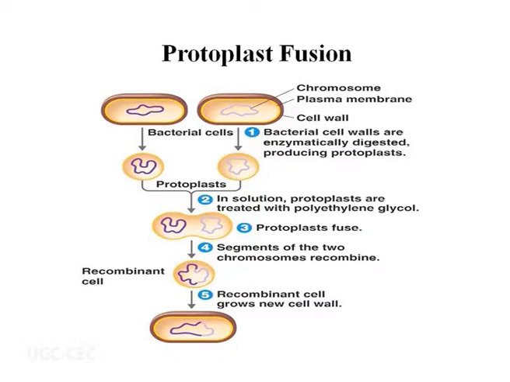Apart from this, we have another method called protoplast fusion, wherein the cell wall is removed. After that, the protoplasts are susceptible to osmotic lysis, so they should be kept in a buffer which is isoosmolar with the cytoplasmic molarity. After that, we add DNA and polyethylene glycol.